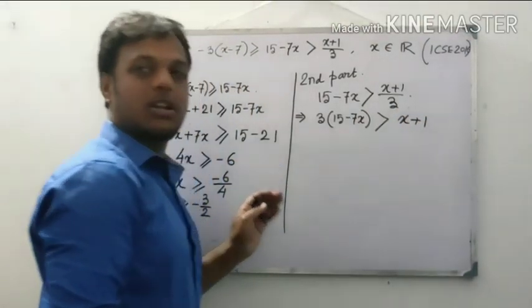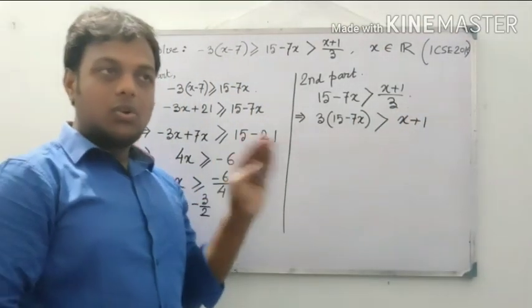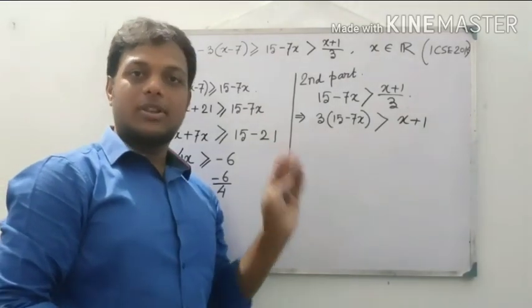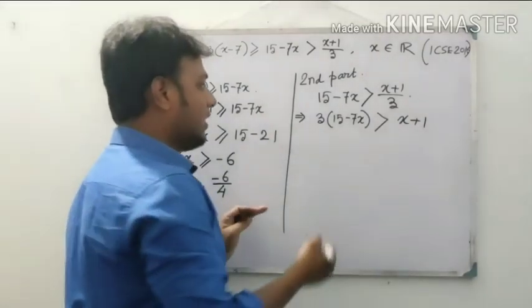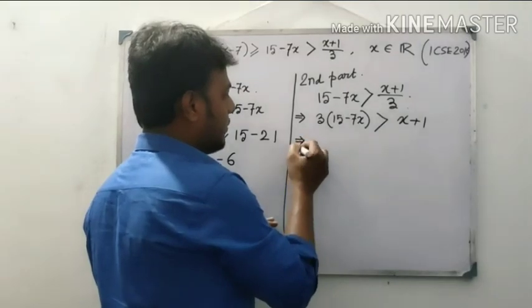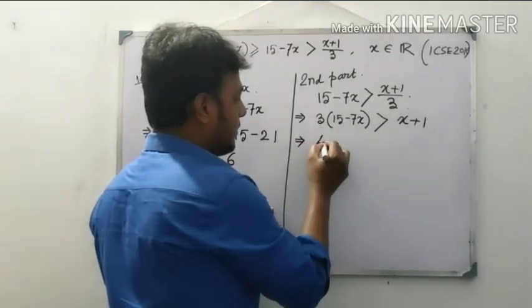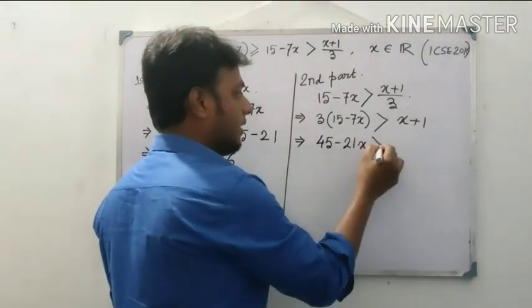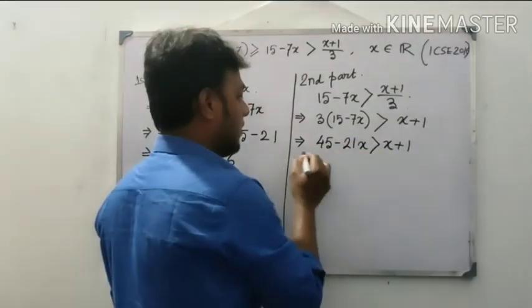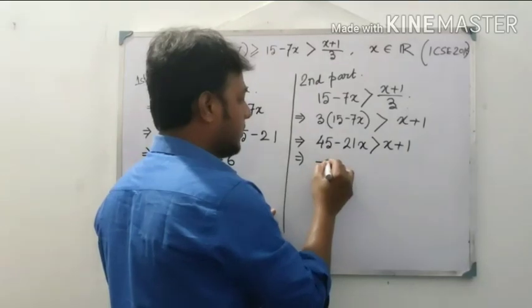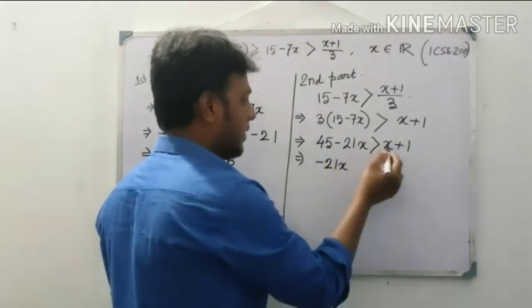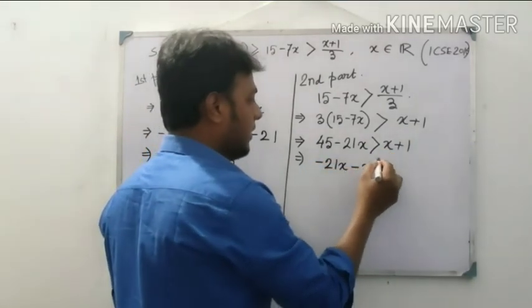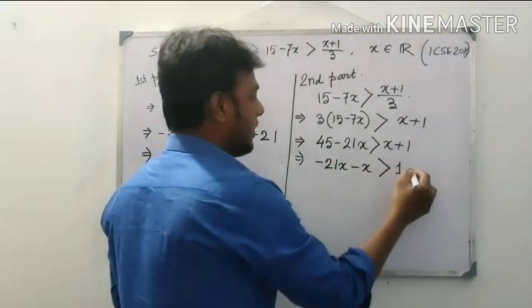This is like cross multiplication also, but we don't use the term cross multiplication here, because it may confuse you. So multiplying 3 by 15 gives 45 minus 21x greater than x plus 1. Take all the x-related terms on one side: minus 21x was already there, and if you take this x, it will be negative, and 1 was there, and minus 45.